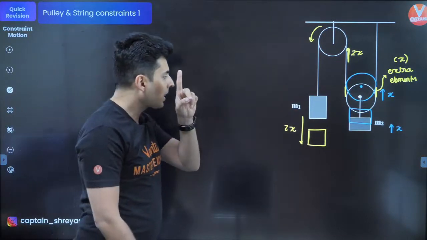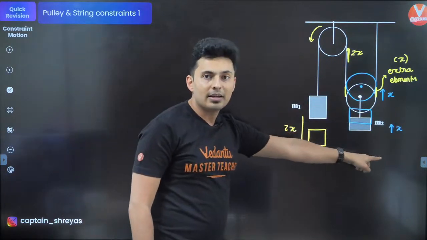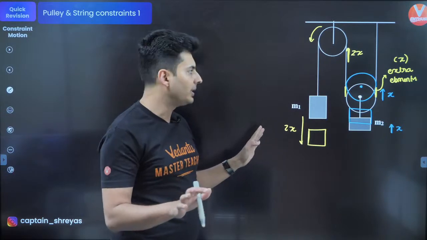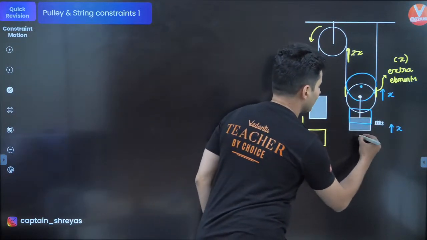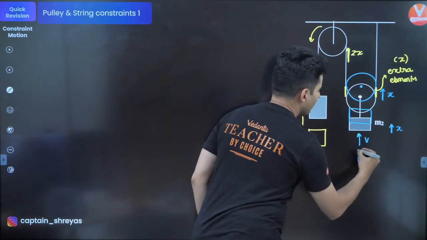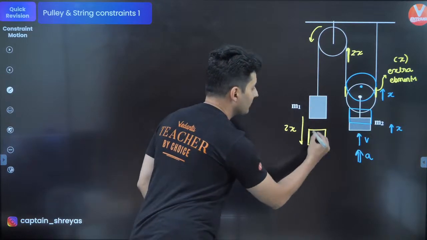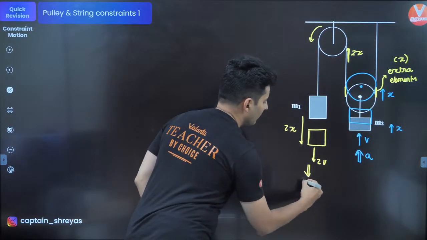So if displacements are in the ratio of x and 2x, or 1:2, even the velocities will be. That means if the velocity of this mass is v and the acceleration is a, then the velocity of this mass will be 2v and the acceleration will be 2a.